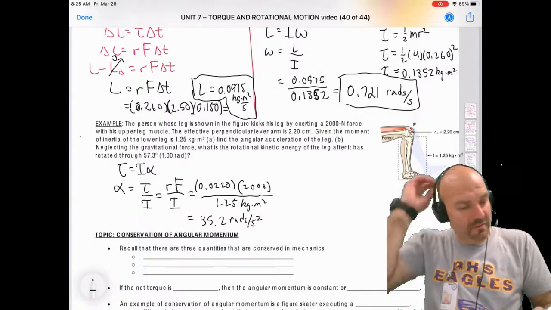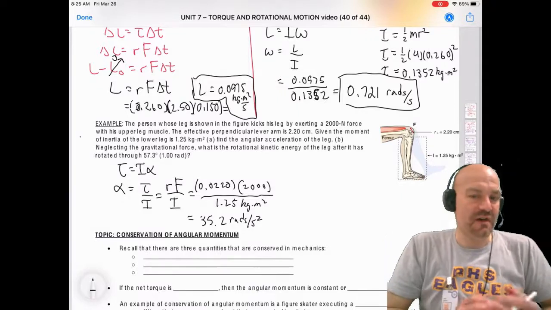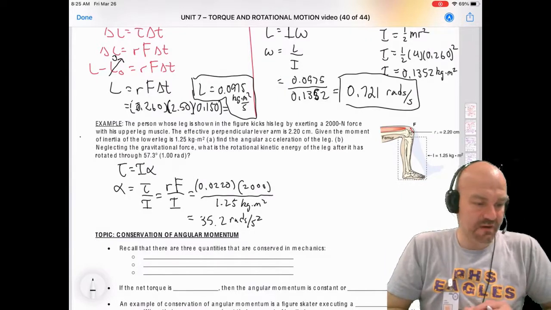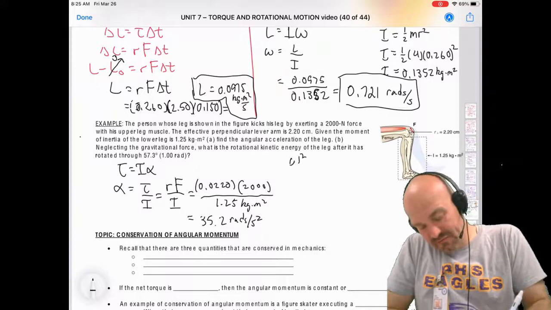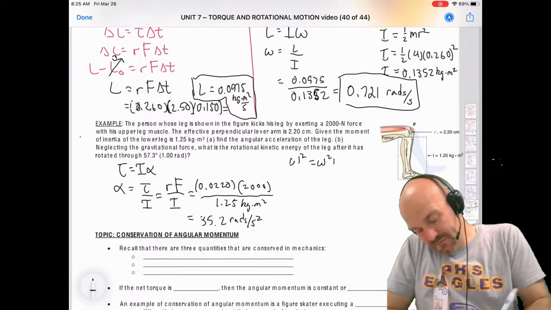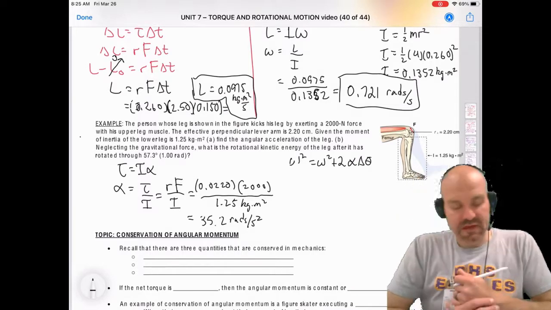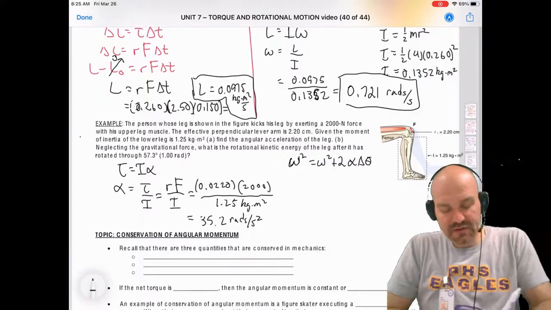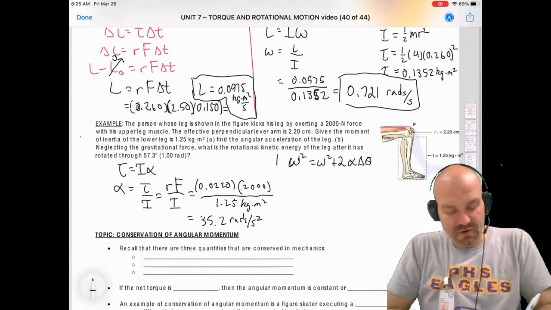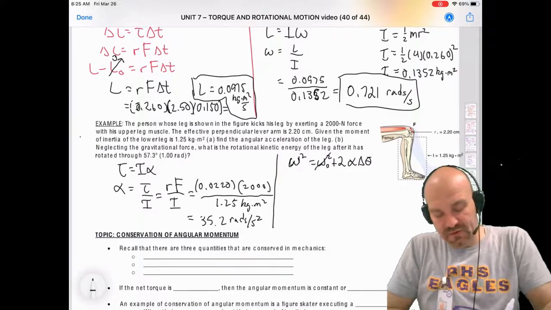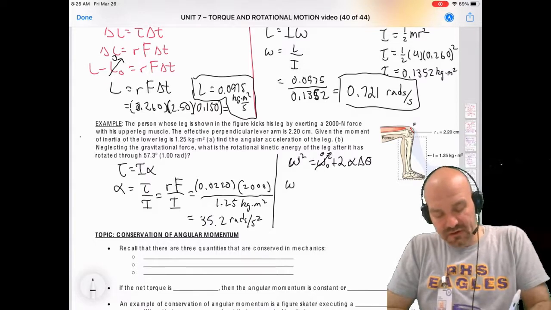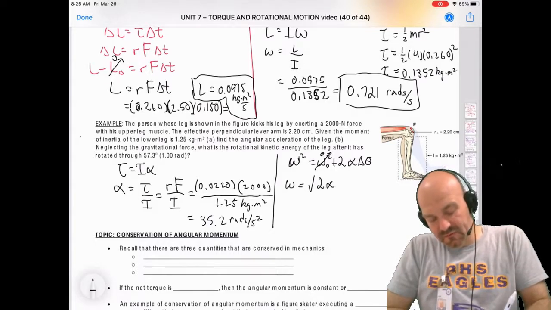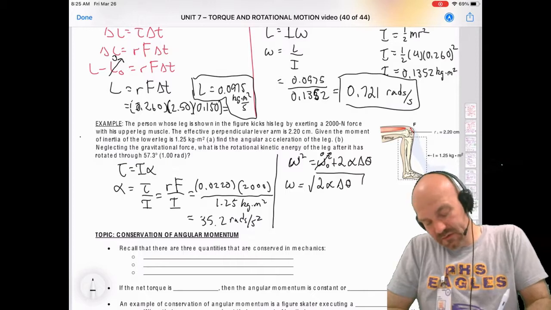Okay. Now, why do we need that? Because that's going to help us find the final angular velocity of this object. And so we go back to those kinematics. They give us delta theta, we have alpha from our first part, and we know it's going to start from rest. So omega is going to equal the square root of 2 alpha delta theta.